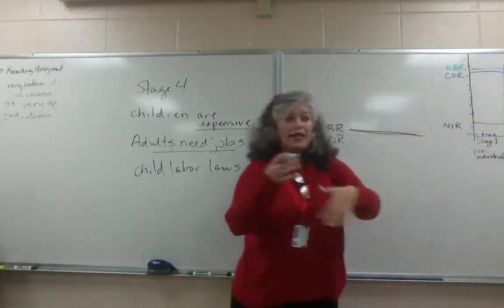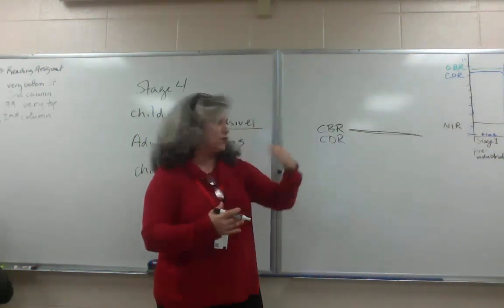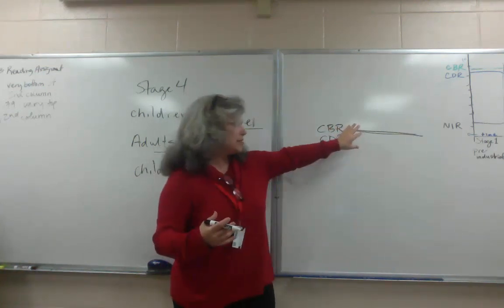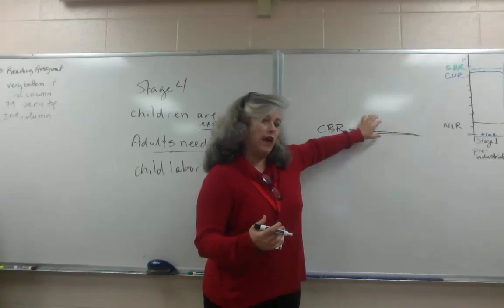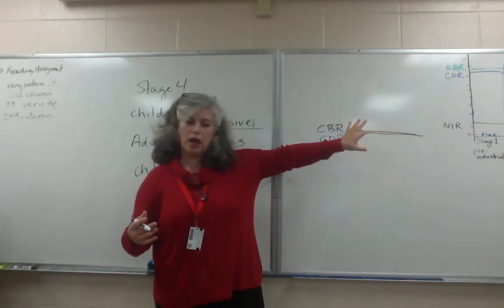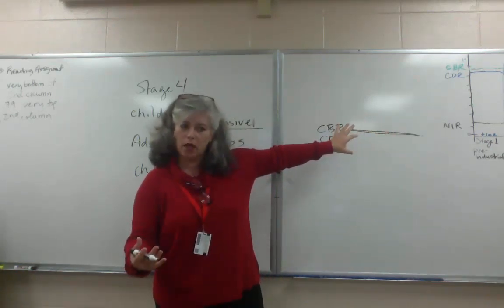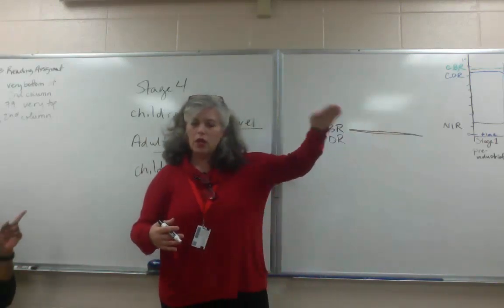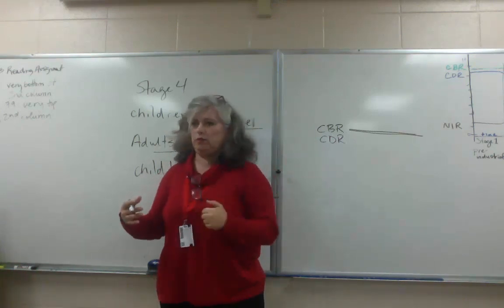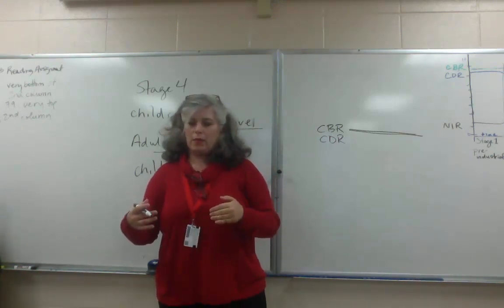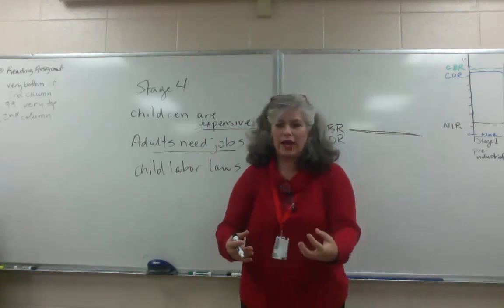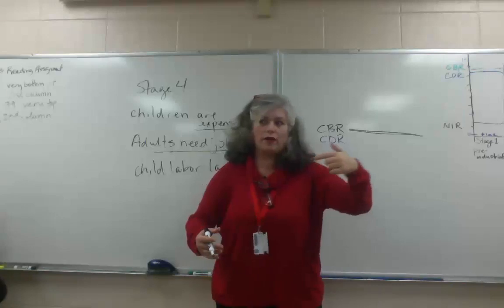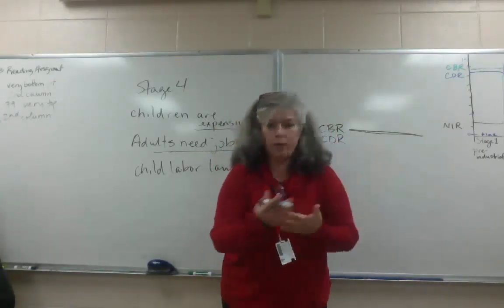The replacement rate, as far as birth and death is concerned, is pretty even. And that replacement rate, we're back to that, how many children per woman. The replacement rate for a society to maintain its population is 2.1 children per woman. So for instance, if I have 0 children but Josie has 5, then we've got 2.5 children per woman here.